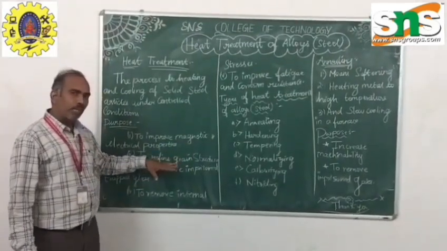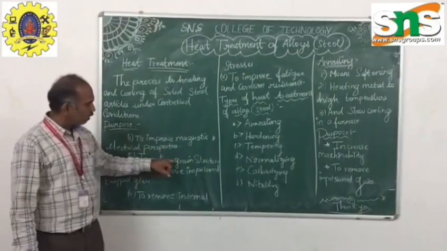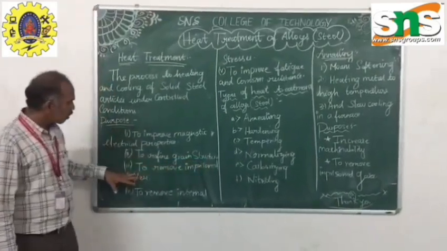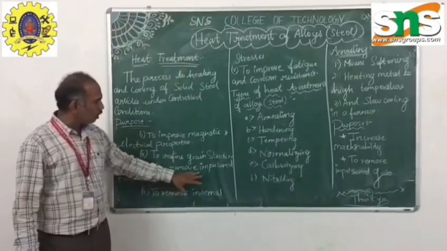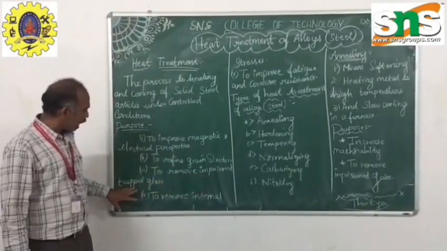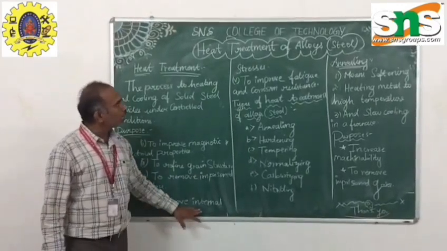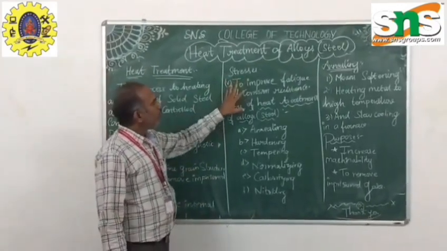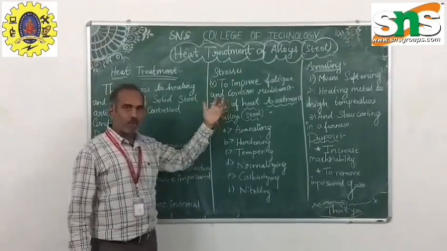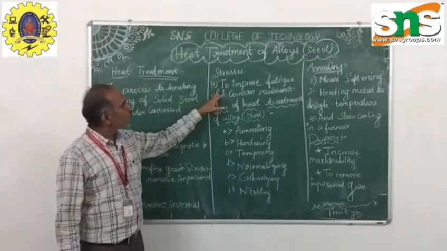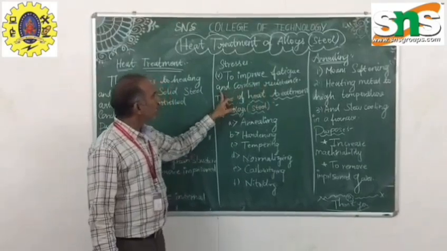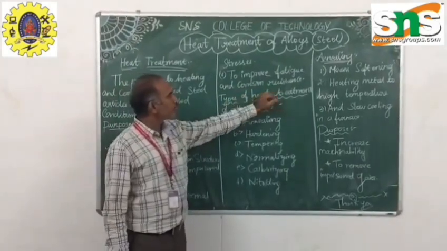Those can be reduced, and there is a refined grain structure. It also removes trapped gases and internal stresses. So manufacturing defects can be removed by this process, and it improves fatigue and corrosion resistance.